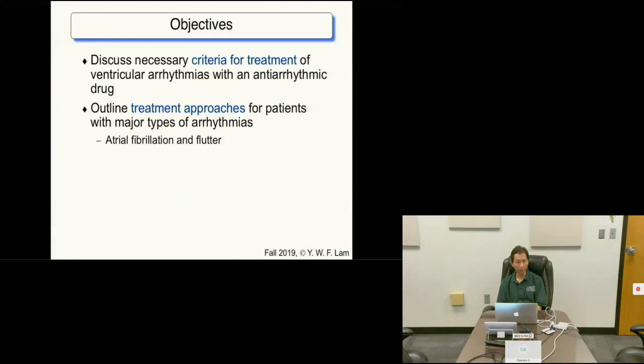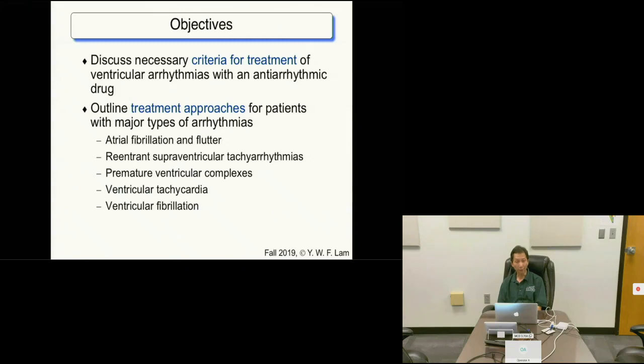most of the time spent on atrial fibrillation and to a lesser extent atrial flutter, because atrial fibrillation is the most common type of arrhythmia that you're going to see in the majority of your patients, either in the hospital or more likely in the outpatient environment also.